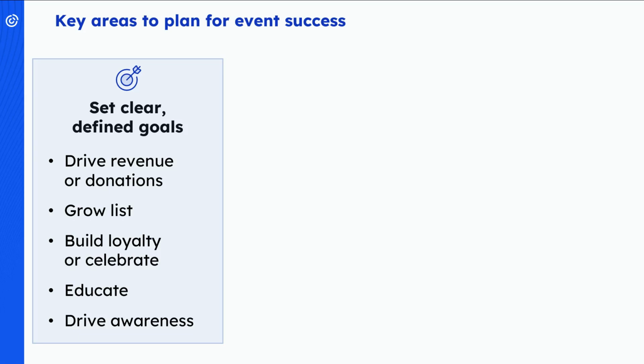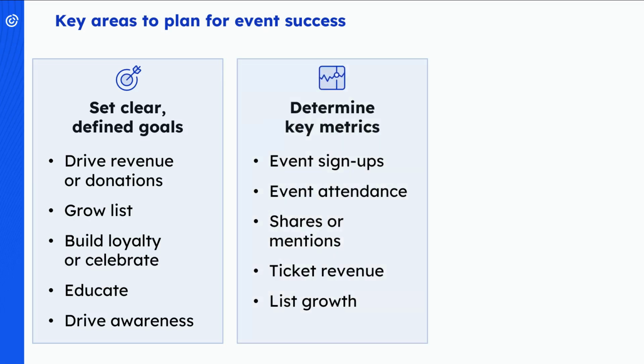Educational content, that's a big goal for events, or once again, just driving awareness for your brand or organization. Once you have those goals, there's some key metrics that you may want to measure. Things like event signups, attendance, shares or mentions, ticket revenue, or list growth.